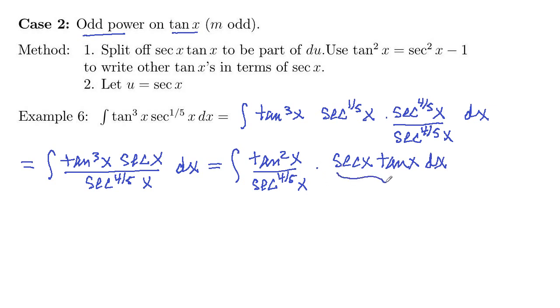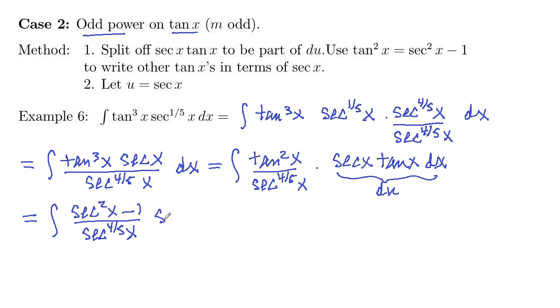So secant x tan x, that's our du. That means our u is going to be secant. We need to write those tan squareds in terms of secant. So secant squared minus 1. So this will be integral on the top, secant squared x minus 1. Denominator, secant 4/5 x.